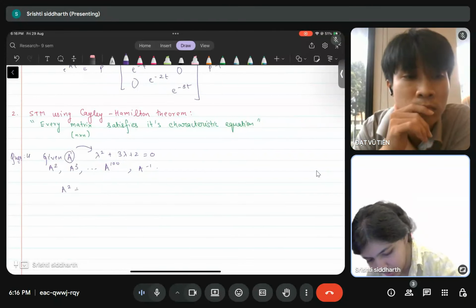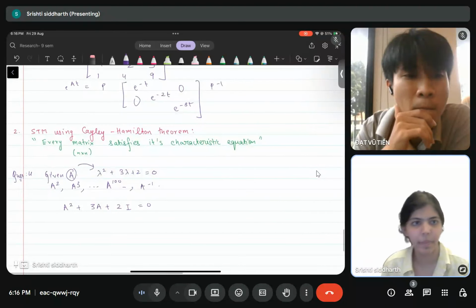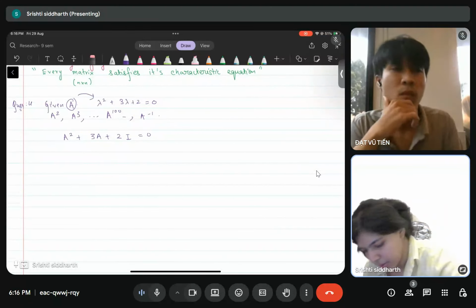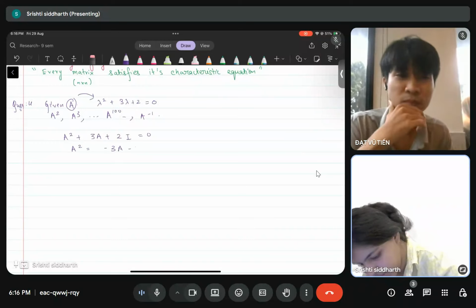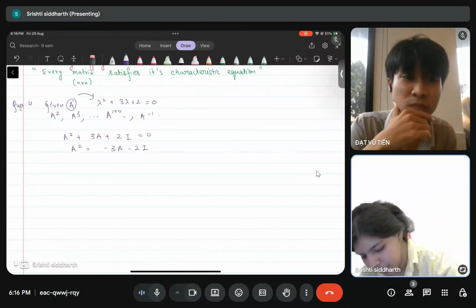That's it, right? So what we do is substitute in this: A squared plus 3A plus 2I equals 0, where I is the identity matrix. So A squared in this case is minus 3A minus 2I. Then we need to find out what A cubed is.